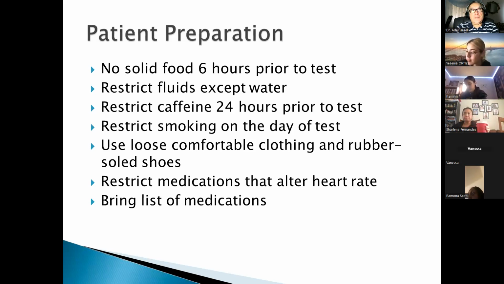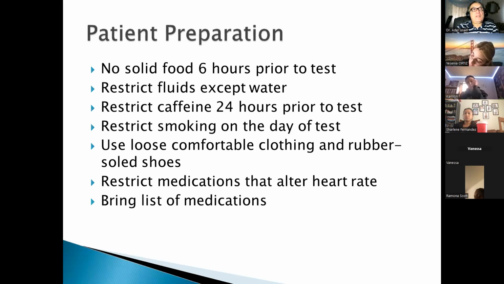Restrict smoking on the day of the test. Use loose comfortable clothes and rubber-soled shoes, and restrict medication that alters the heart rate, like what we mentioned in the previous lecture: beta blocker, calcium channel blocker, and digitalis or digoxin.